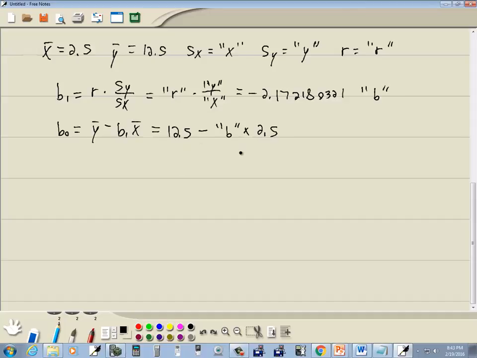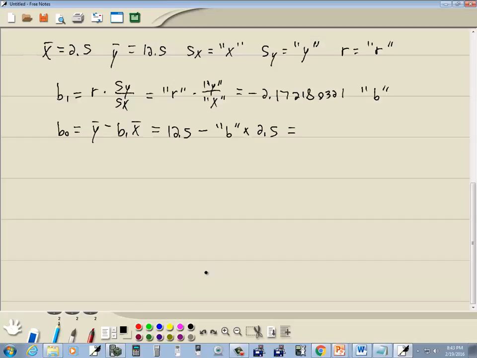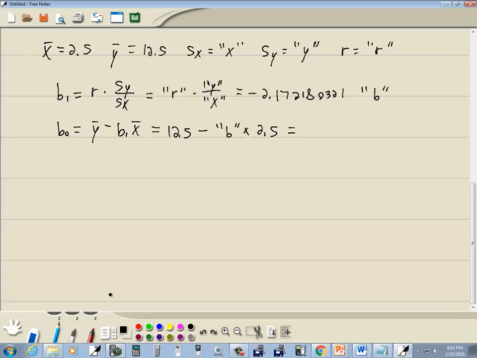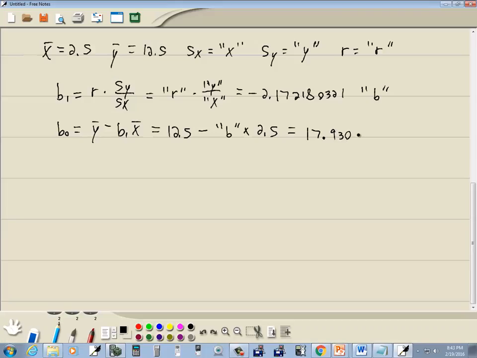So let's see what that gives us. So I got 12.5 minus B, which was alpha apps, times 2.5, and press enter. Then we got 17.9304.508.